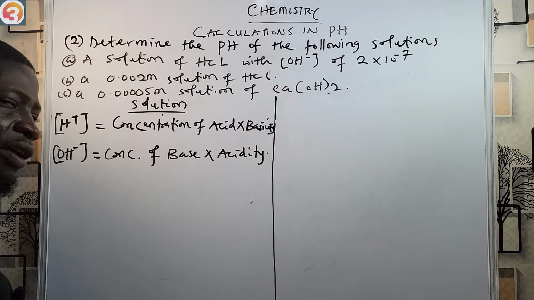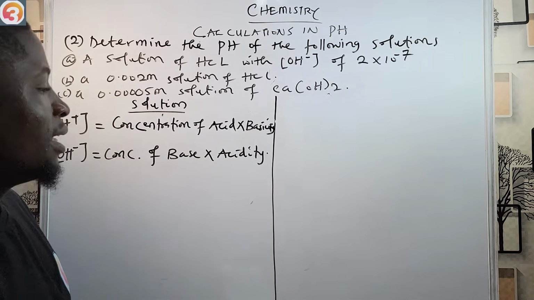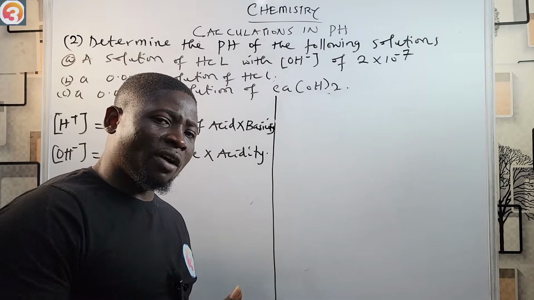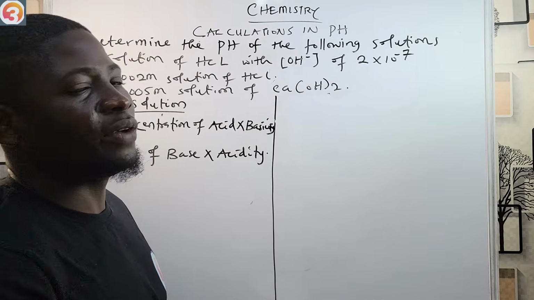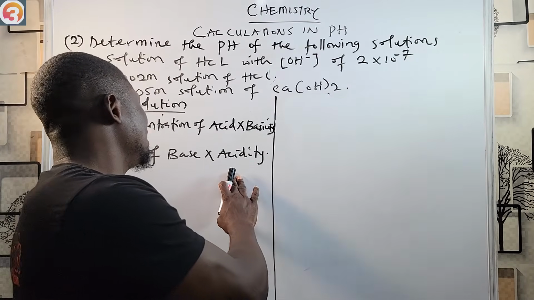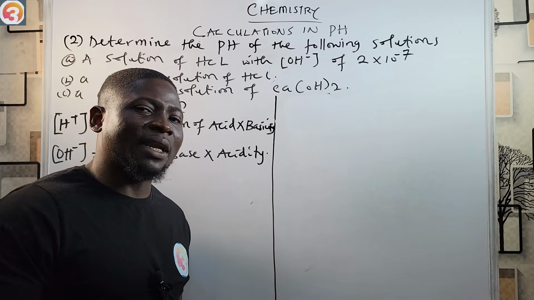In the previous episode, we talked about acidity and basicity. Basicity is the number of replaceable hydrogen ions that can be found in the molecular formula of a compound, while acidity is the number of replaceable hydroxide ions that can be found in the molecular formula of a compound.